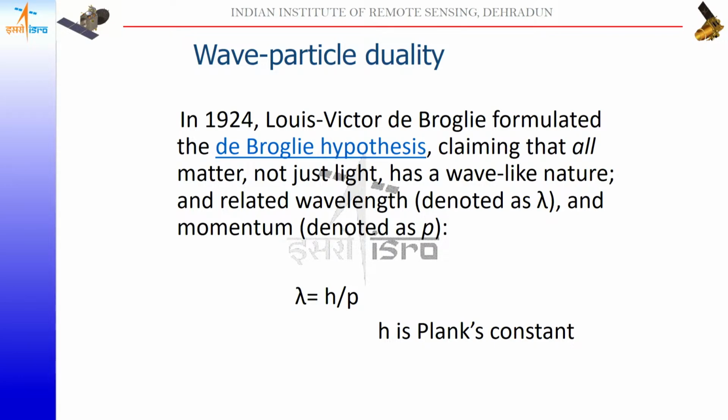Photons usually have zero mass, so momentum should be zero, but there is a finite momentum which is explainable by this equation, where momentum is inversely proportional to wavelength and equated using the Planck's constant. So this duality, or this equation, embodies in itself the wave nature of light in terms of wavelength and the particle nature of light in terms of momentum, both connected in one place.